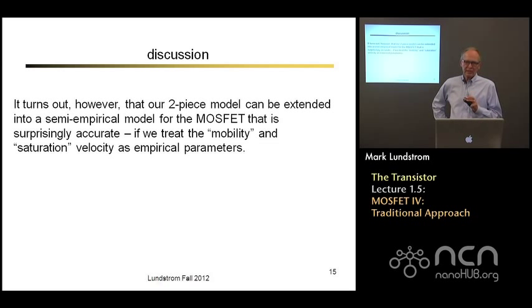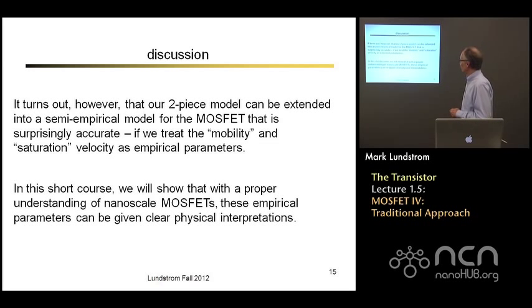And the reason is that fundamentally a transistor is a barrier-controlled device. The shape of the IV characteristic comes from manipulating potential energy barriers with voltages. Now the actual magnitude of the current comes from the particular way that we treat transport, but the shape doesn't really change very much. So we get the right shape of the IV characteristics even though we have the wrong transport physics. And people can empirically adjust some of these parameters and still describe transistors.